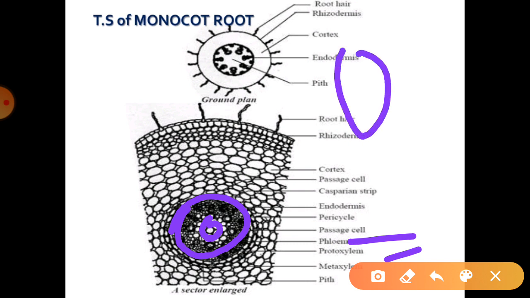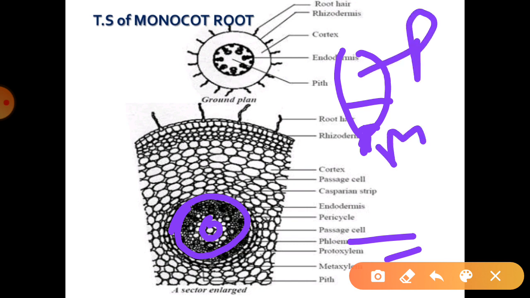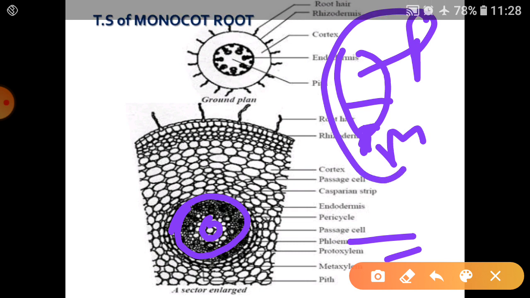The protoxylem lies towards the outside while the metaxylem faces inwards. The metaxylem is inside and the protoxylem is on the opposite side. This condition is known as exarch.